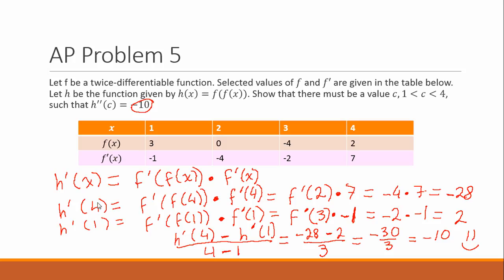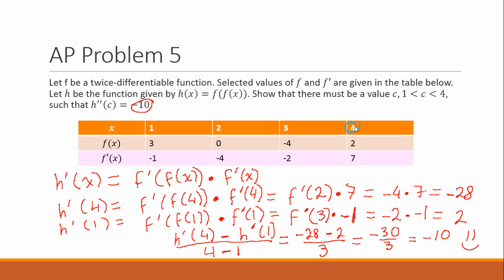So h prime of 4 is equal to f prime of f of 4 times f prime of 4. And f of 4, well, let's look in the table. Looking at x equal to 4, f of 4 is actually just 2. So f of 4 is equal to 2, and f prime of 4, let's have a look here.